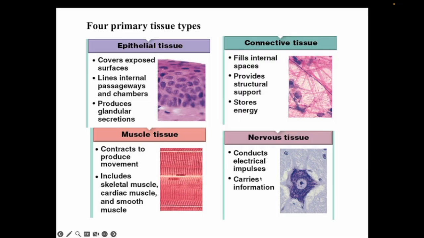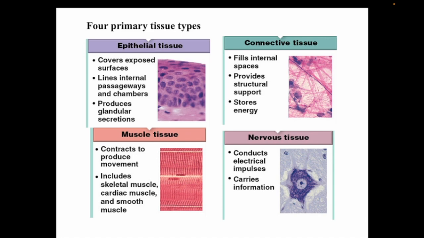The nervous tissue is relatively easy too. It comprises tissue that is important in terms of the nervous system, so we can have classic definitions such as receiving signals or passing signals or conducting electrical signals or carrying information.